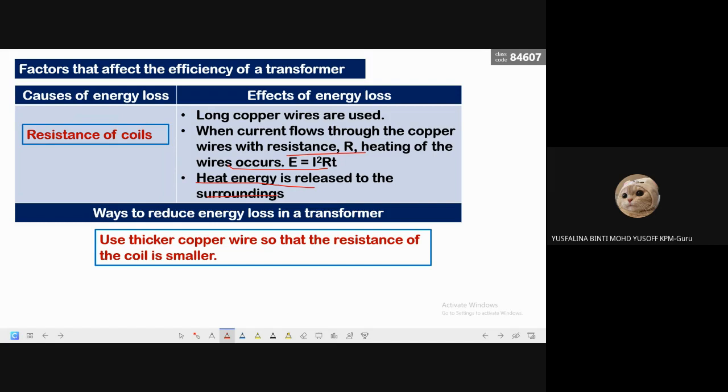I saw someone answer that one. I think there was a question in the exam, that one, thicker wire. I'm not sure which question that is.